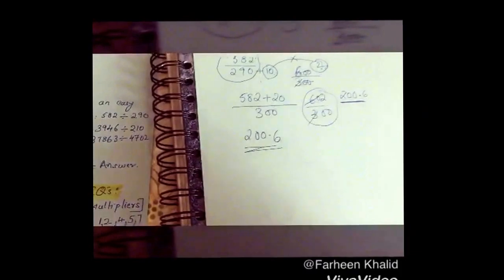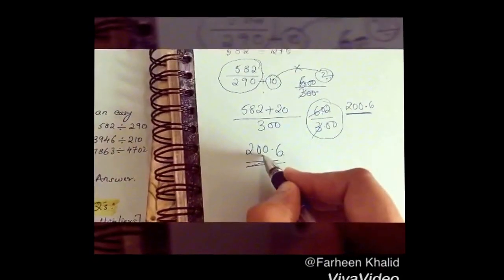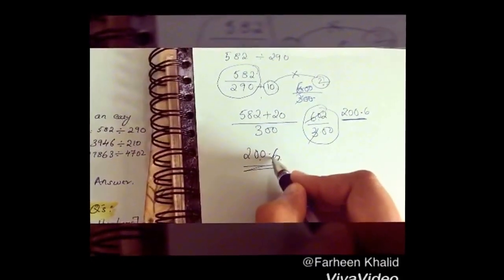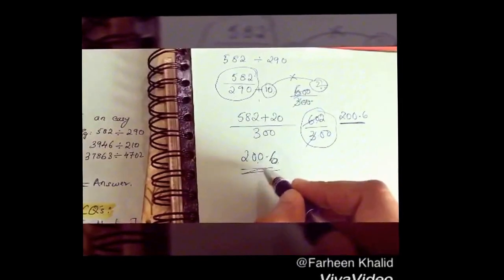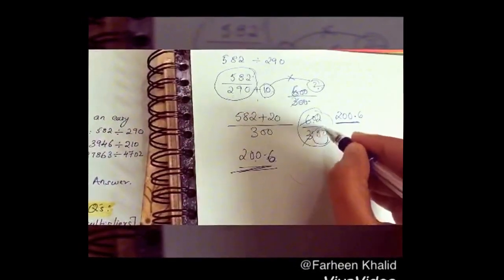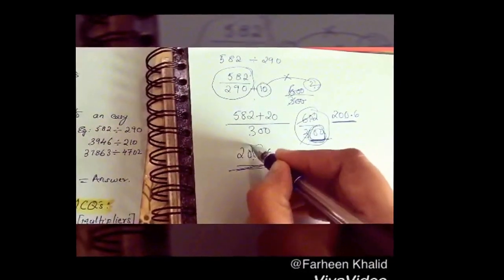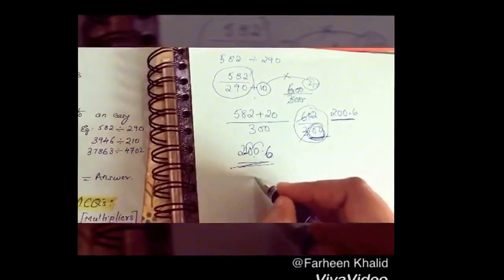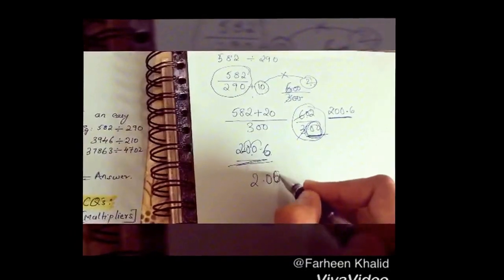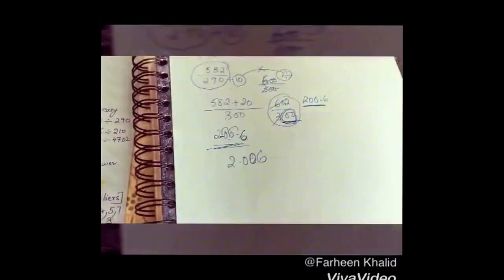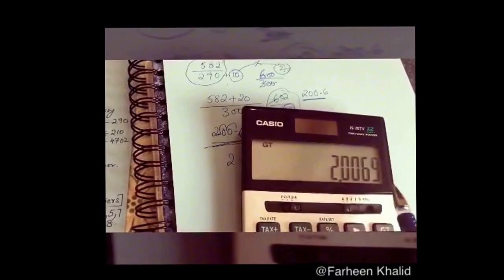And what did we get? Okay, we got 200.6. All we had to do now was, because we ignored the 0 in the denominator, 2 zeros in the denominator, we have to go 2 spaces backward. So our answer is 2.006, while the answer in the calculator is 2.0069.